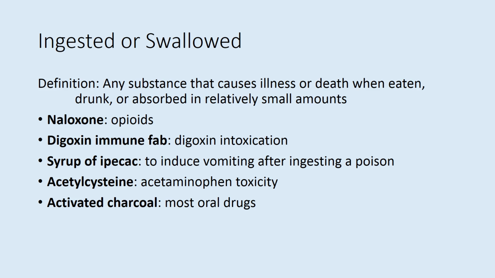opioids. You need to give it cautiously if they have cardiac irritability. It's the safest drug when you don't know what's causing the respiratory depression, especially if you suspect it's due to an opioid.